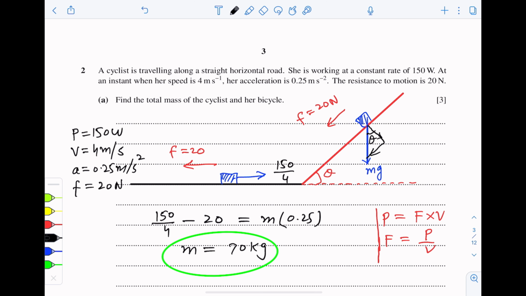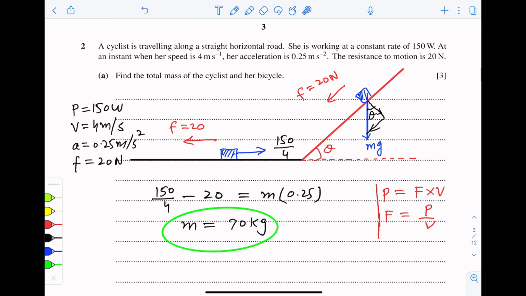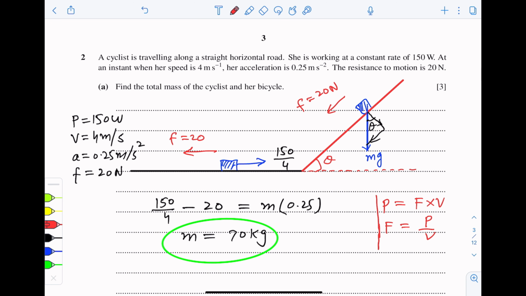Theta is the same. We have to find the value of theta in this case. So this component will be mg sin theta. This component is mg cos theta. M is given.